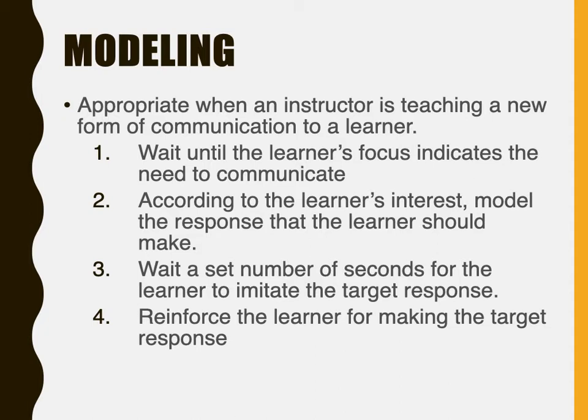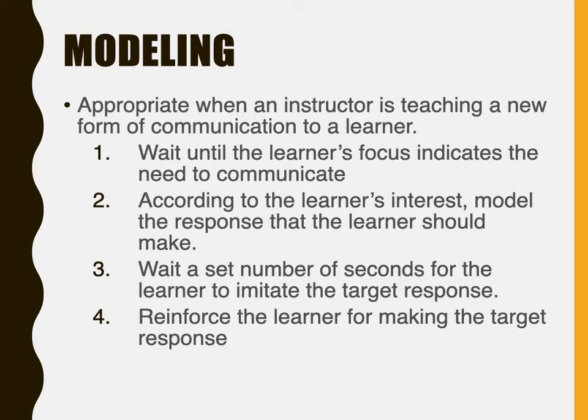For example, the learner is looking at a new ball on a high shelf before going outside for recess. Step 2, according to the learner's interest, model the response that the learner should make. For example, the instructor takes the ball from the shelf and models the word ball.